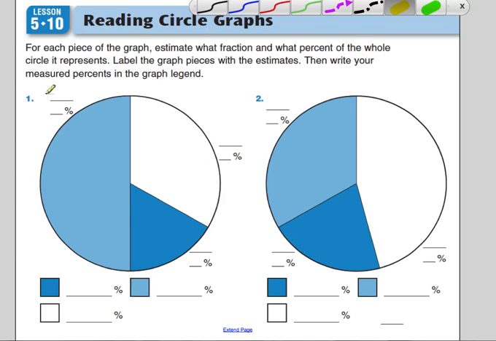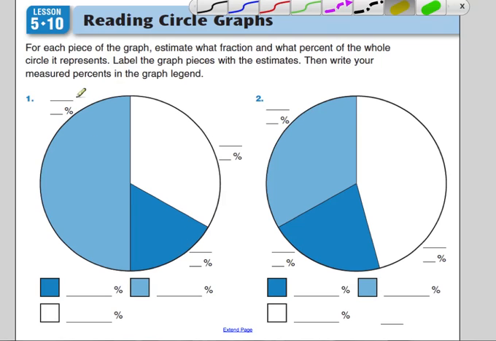What you are supposed to do is estimate, so do not pick up that geometry template yet. We are not using the percent circle right now. Visually estimate what fraction of the circle it is and what percent of the circle that would be for each section.